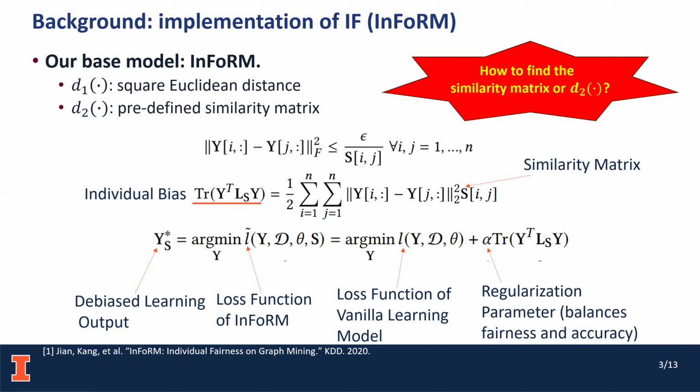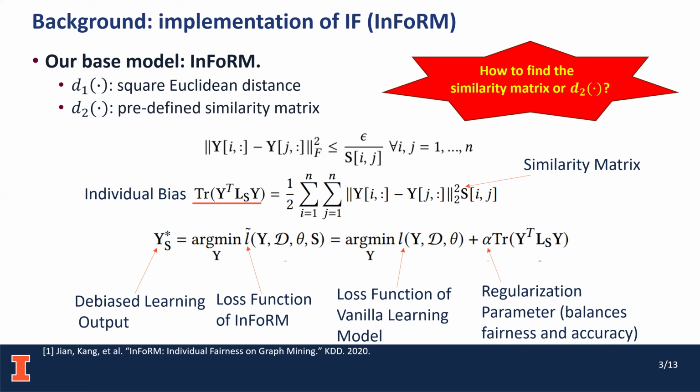However, a problem in individual fairness and also in this paper InFoRM is that the similarity matrix is hard to define. So you can imagine that in the inputs, there are going to be multiple kinds of dimensionalities, multiple types of data. And so it's hard to define the distance between the inputs.